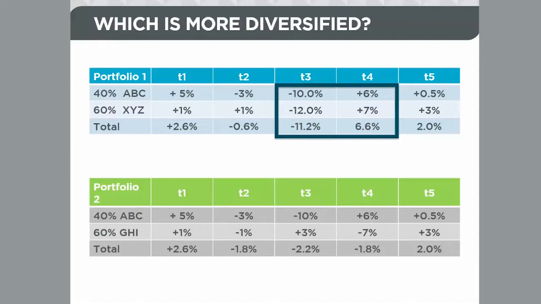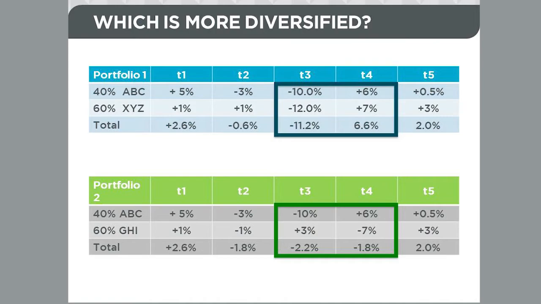Let's look now at portfolio 2. Portfolio 2 is also made of 40% ABC and 60% GHY, a different asset. And so you see in year 3, GHY doesn't seem to have a huge negative impact, and then in year 4 doesn't have a huge positive impact.